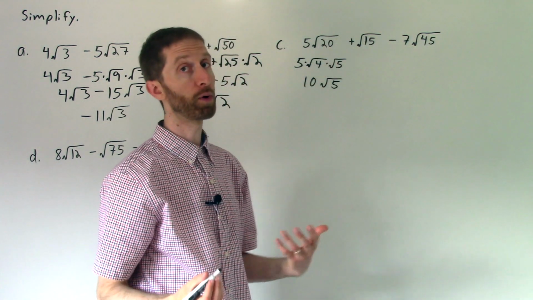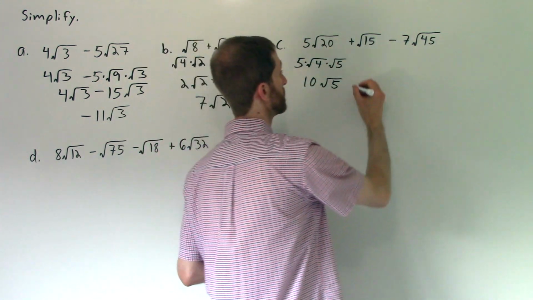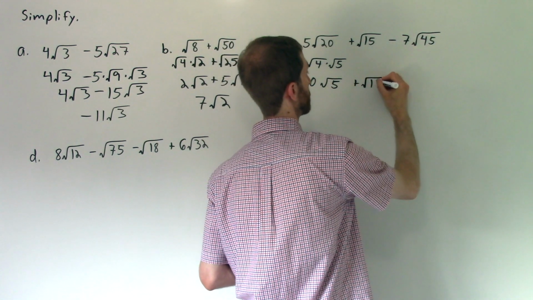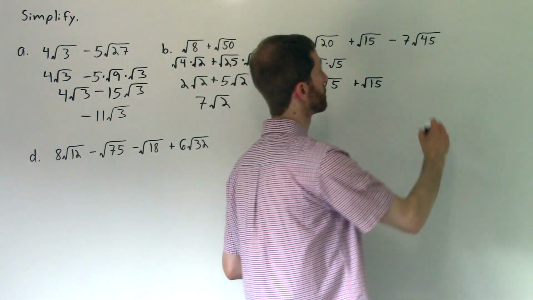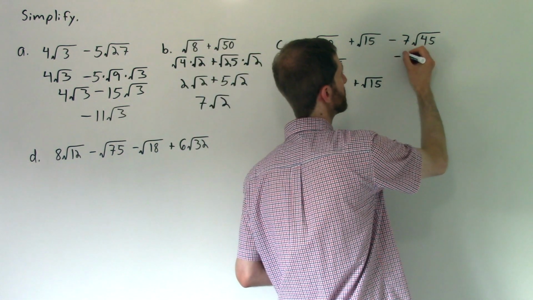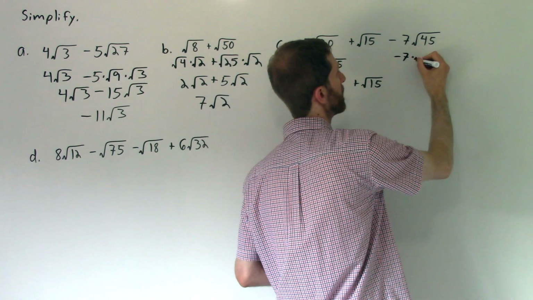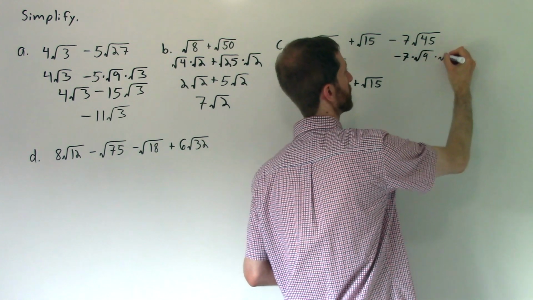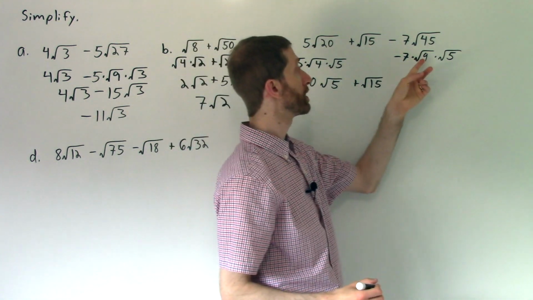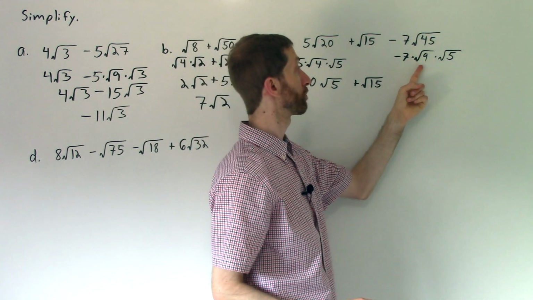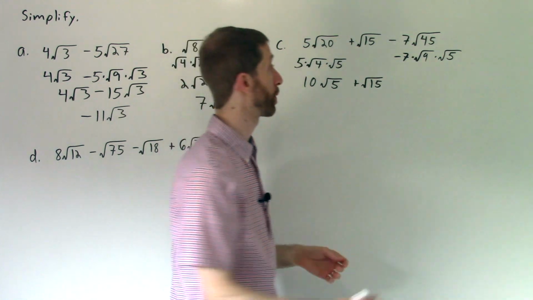Root 15 has no perfect square in it, so it is in simplest radical form as is. And then you have 7 root 45. That can be reduced. So it's still going to say minus 7, and 9 is the largest perfect square that goes into 45. So that leaves us with root 9 times root 5. Root 9 is 3. So you're essentially doing 3 times negative 7 is negative 21.